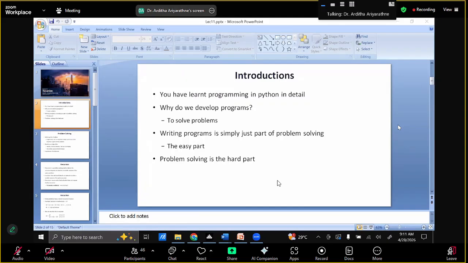If we have a problem, we need to find a solution, and by using a program we are developing a solution. Here, problem solving is the hard part. Now we know that the problem solving part is something difficult.